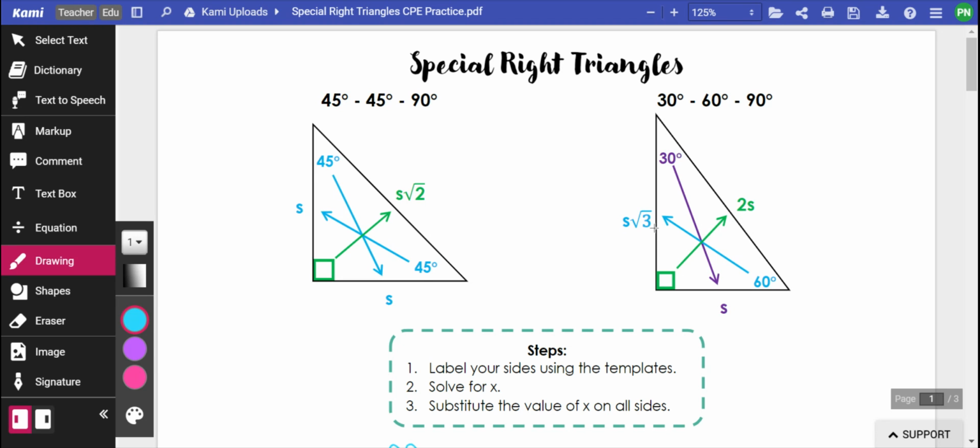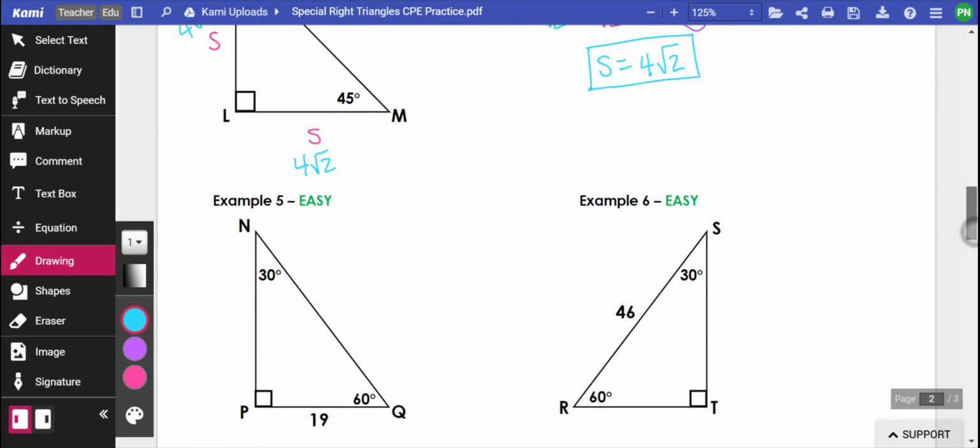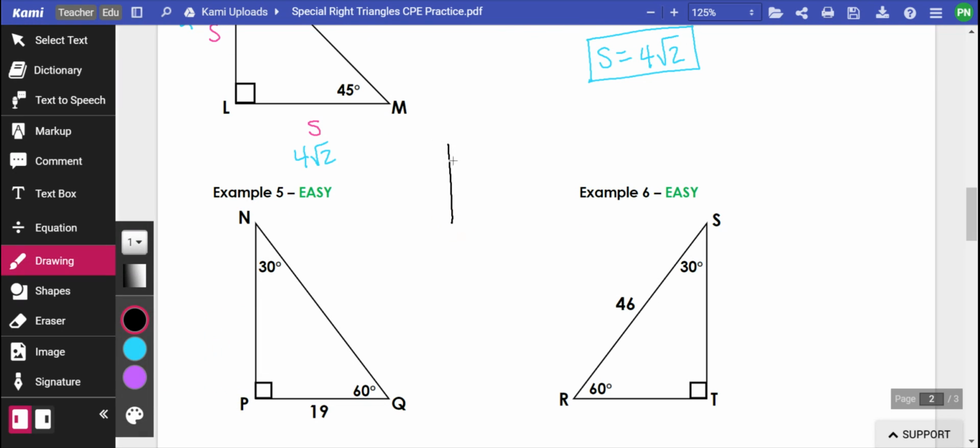And across from 60 is s times the square root of 3. I am going to redraw that quickly here, just so that we don't have to keep referencing up to the top in case you don't remember this. So across from 30 we have s, across from the hypotenuse is 2s, and across from 60 is s radical 3.